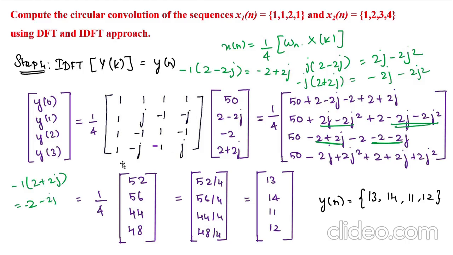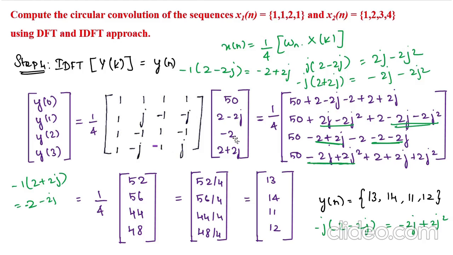Now finally the last row. 1 into 50 is 50, and minus j into 2 minus 2j will be like minus 2j, minus into minus is plus 2j square. So minus 2j plus 2j square is present here.